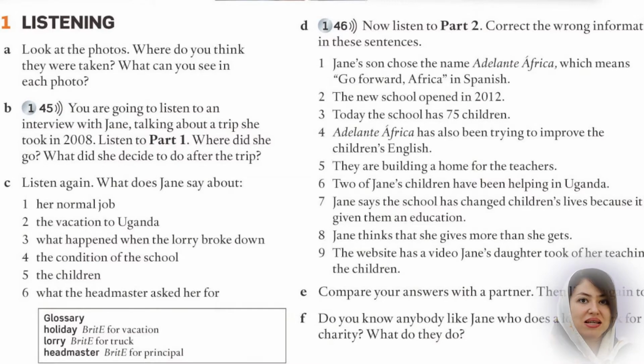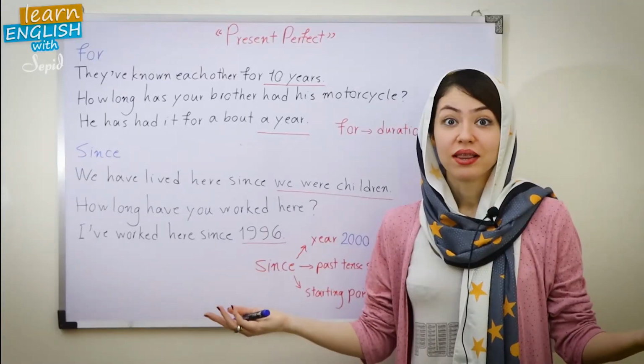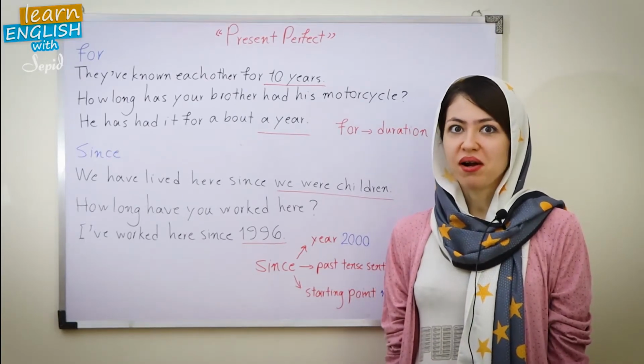Okay, so that's it. And right now, there's a very important grammar part, okay? So let's turn to our grammar part, which is about present perfect for, since, and present perfect continuous.